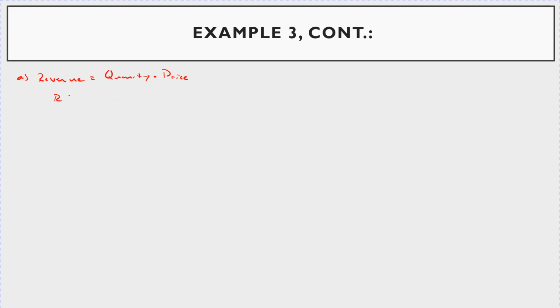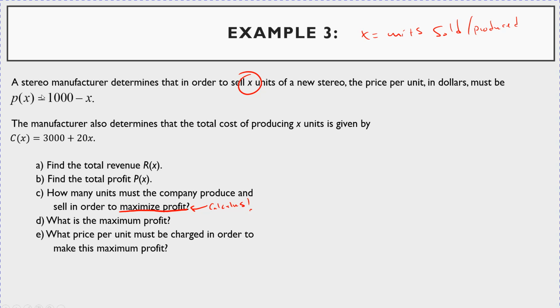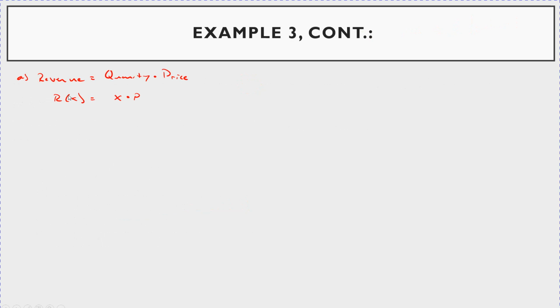So revenue is a function of X: the quantity X you're going to sell, times the price P. But P is a function of X, this is the price function. So it's X times 1,000 minus X. Distributing the X, we get 1,000X minus X squared.